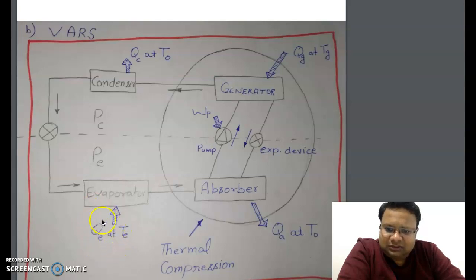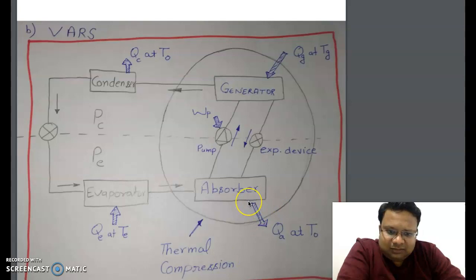So this is the part in which we have to attain the lowest temperature. Now the mechanical compression is replaced with thermal compression. That means we will compress our working fluid thermally, via low grade energy. This was the major difference.